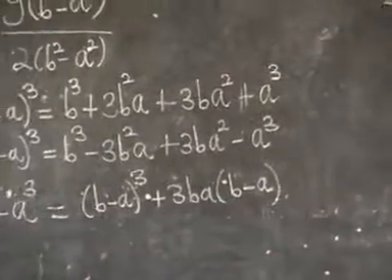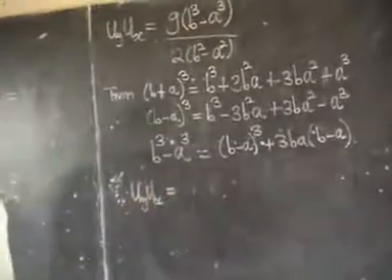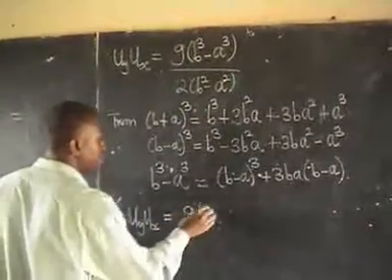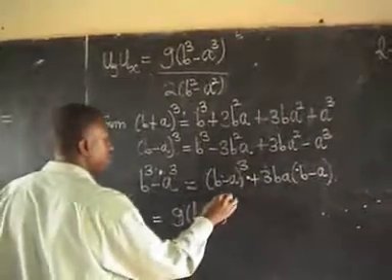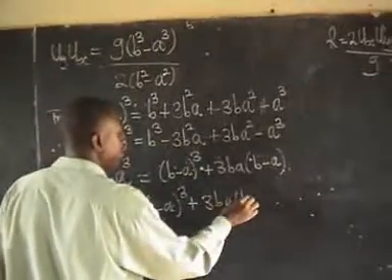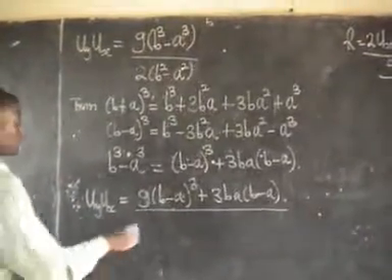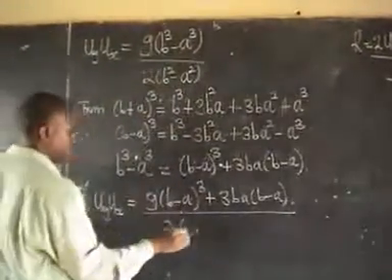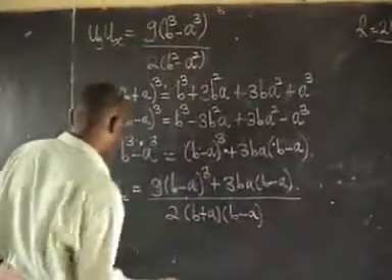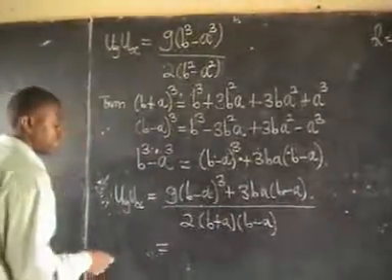So therefore uy ux is equal to g, where there is b cubed minus a cubed, we are having b minus a to the power 3 plus 3ba into b minus a, over 2, so this is now a difference of 2 squares, b plus a into b minus a. When you simplify that, I'm going to factorize out b minus a.